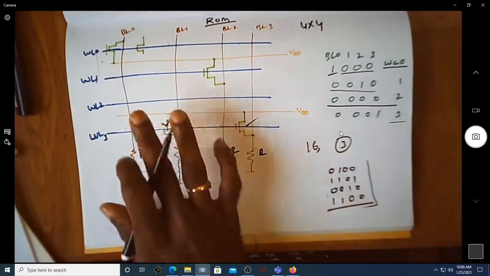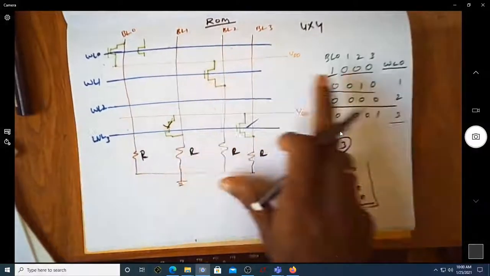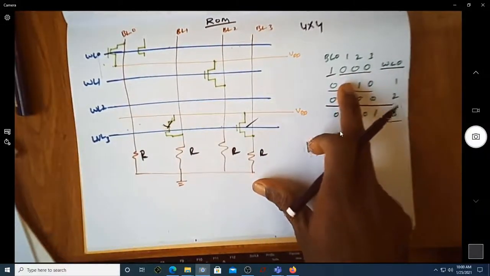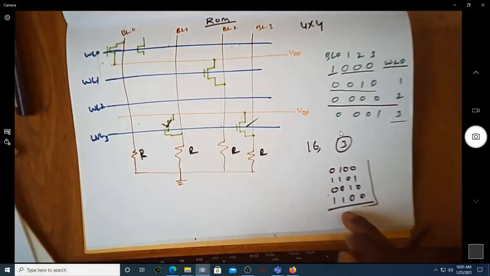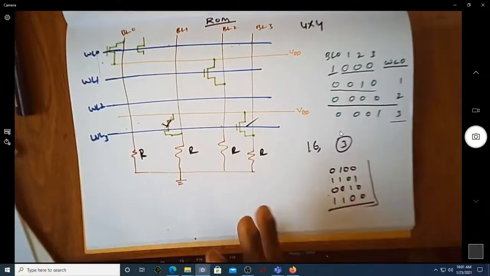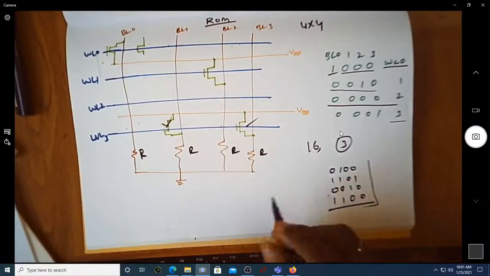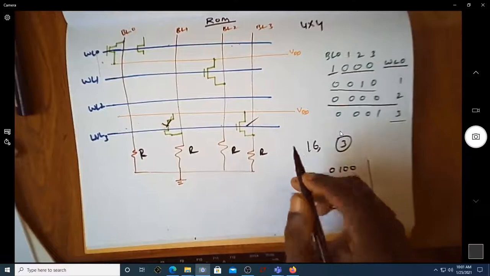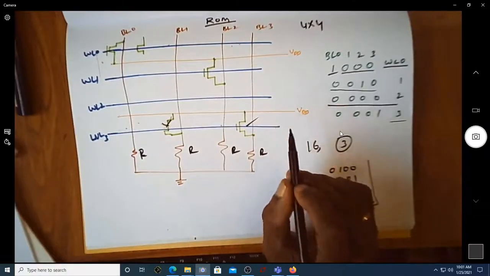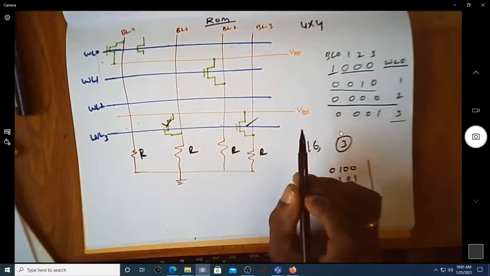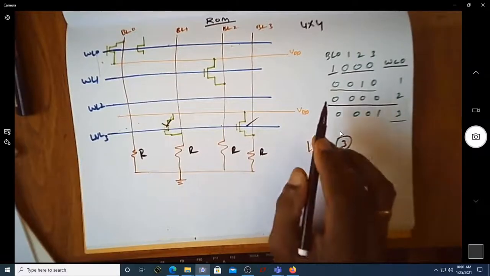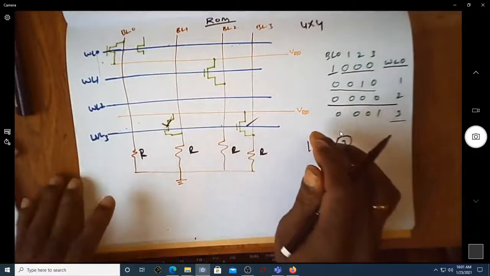If you are using this ROM to store this data and want to store other data, you need an altogether different physical structure of the ROM array so that you can store the desired value. That is not good for a ROM where for every individual storage of bit 1 you have to have a transistor, and for storing 0 you are not supposed to have a transistor.